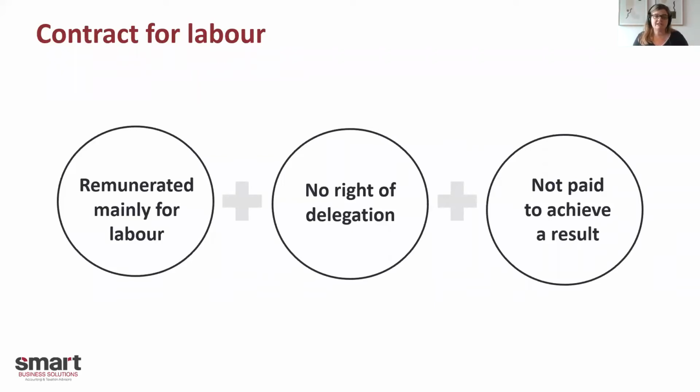But when a contractor is not paid to achieve an overall result but is paid for their labour, that's when it would be deemed a contract for labour, not a contractor, and that's where they would be subject to having superannuation paid.